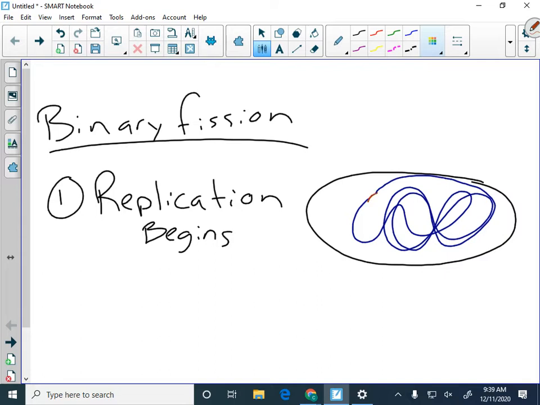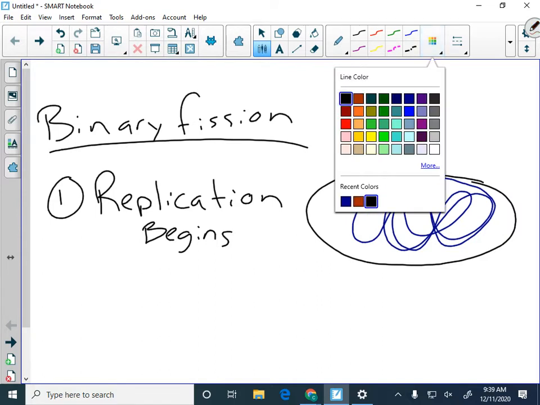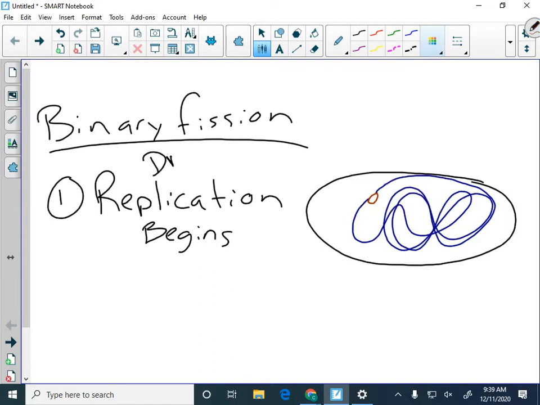But our origin of replication has already started to divide. So DNA replication begins, and our little origin has started to split off. We are going to have one side of this DNA replicate over here as we go through our chromosome.